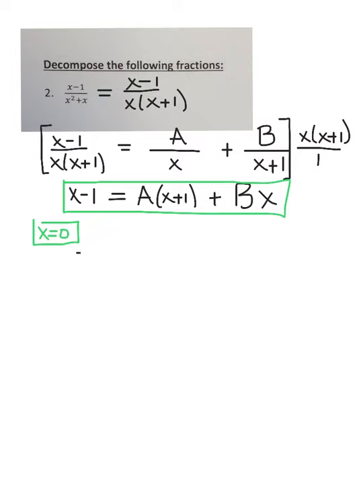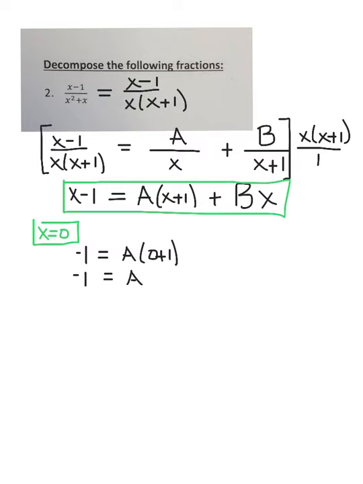So that's going to give me negative 1 on the left, and then I've got a times 0 plus 1. I am not going to write anything here because I know x is 0. We cancel that all out, and we're going to get negative 1 equals a. And that's it, right?